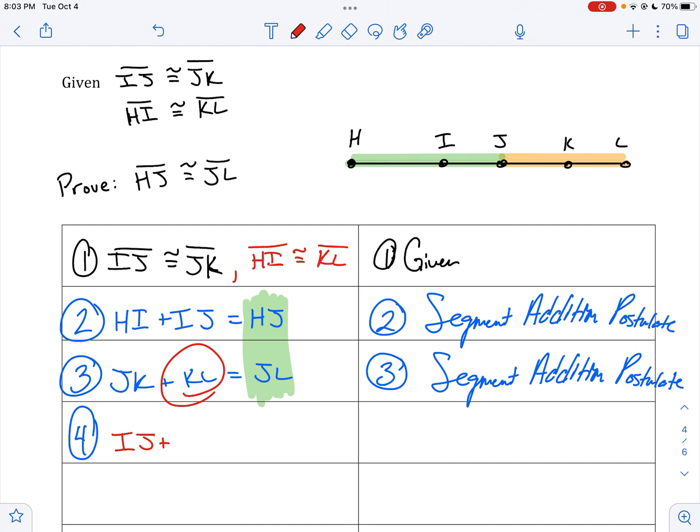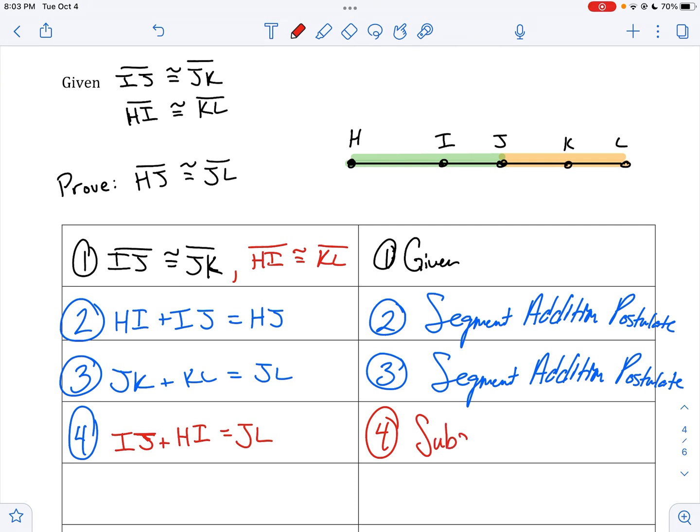That's good. I really don't want KL because it's not part of the other expression. So instead of KL, what could I write? Instead of KL, I could write HI. And I'm going to stop there for a moment.